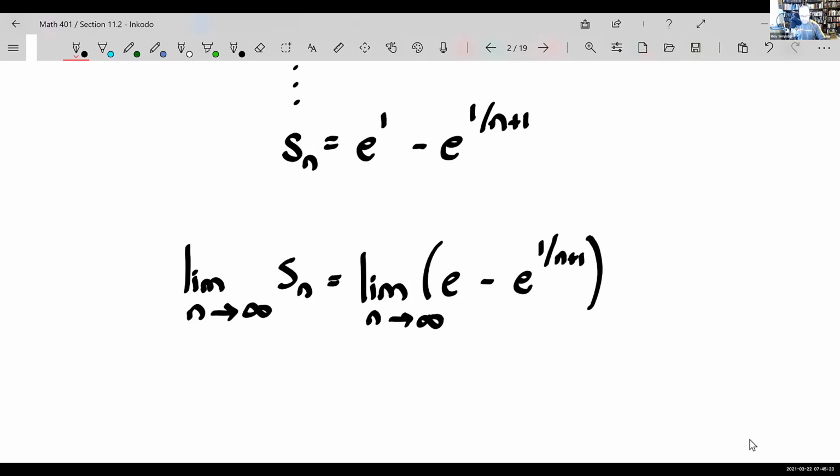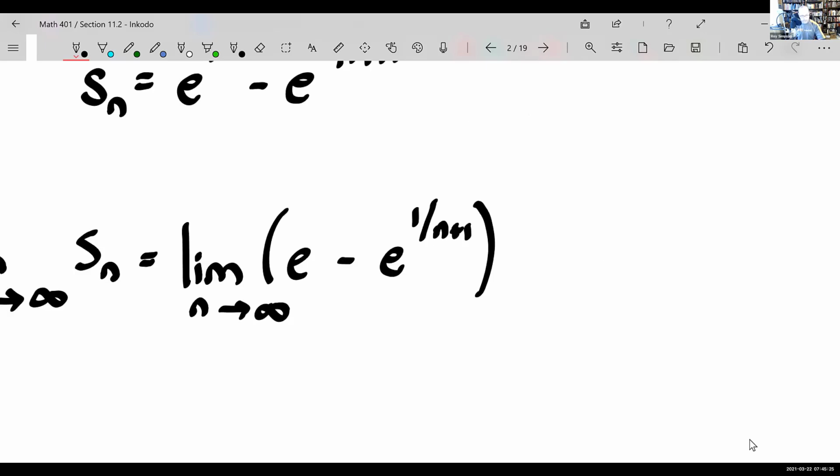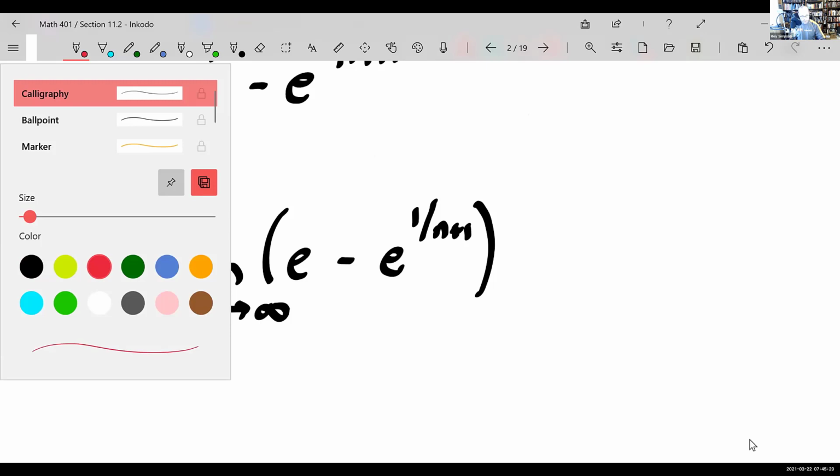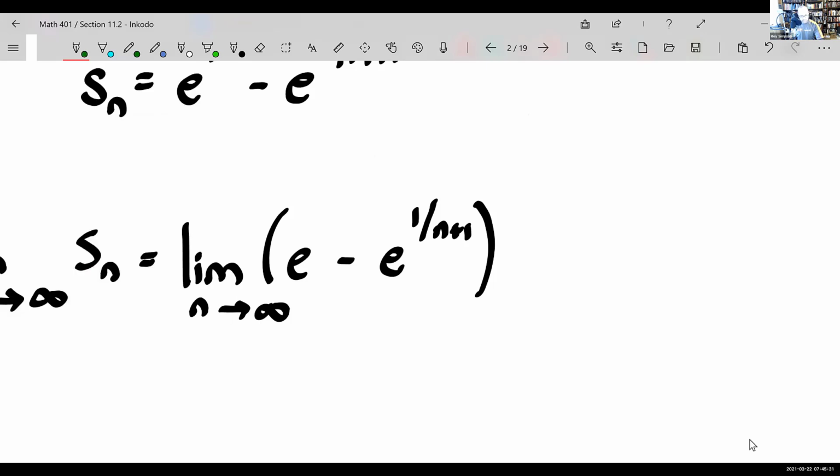Now, as n goes to infinity, we know from Calc 1 that this exponent will tend to 0. And so we have e to the first minus e to the 0th is what this is going to tend to.